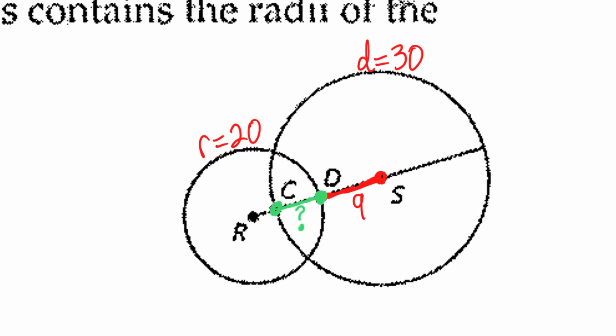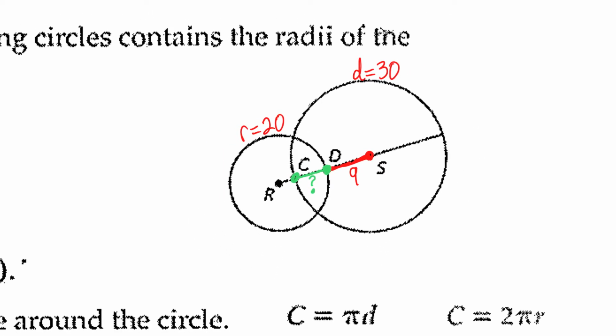Now, first of all, on circle S, if the diameter is 30, how long is the radius? 15.